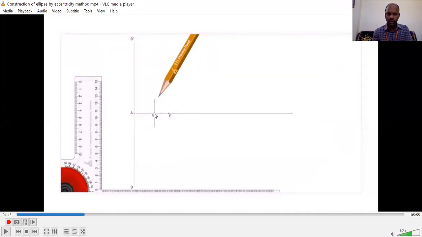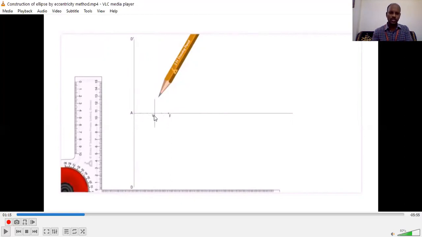Thereafter, we need to locate the vertex. The vertex is also a very important property for that particular conic section. Now, you need to locate it by leaving 2 parts from the focus. Here it is 2 parts, and the remaining 3 parts are to the left hand side of the vertex. Right hand side of the vertex 2 parts, left hand side of the vertex 3 parts.